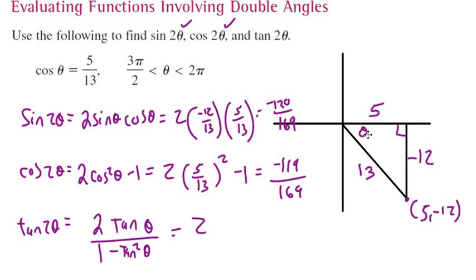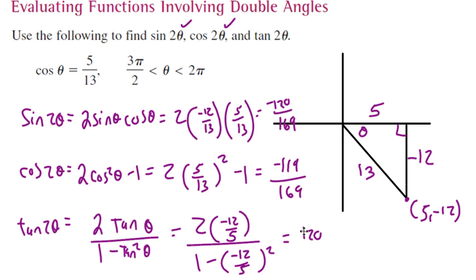Tangent is opposite over adjacent, so we multiply by -12/5, all over 1 minus tangent squared, which is -12/5 squared. Doing all that on your calculator, you'll get 120 over 119.